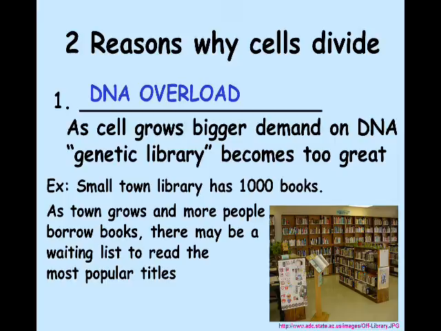It's coding for proteins that do things in the cell. As the cell gets bigger and I get more and more cell parts, more cytoplasm, more Golgi, more endoplasmic reticulum, more ribosomes, it gets harder and harder for one nucleus to control all the things going on inside the cell.